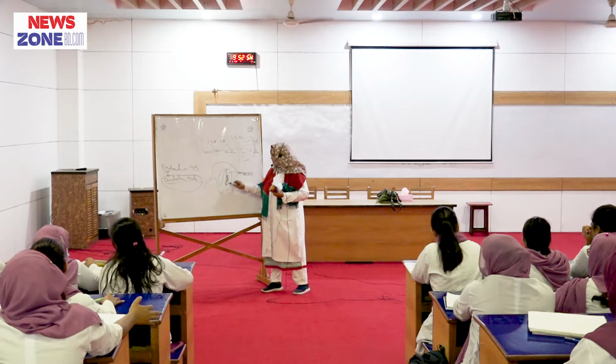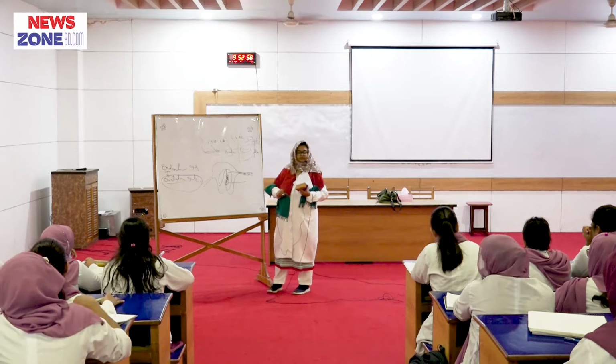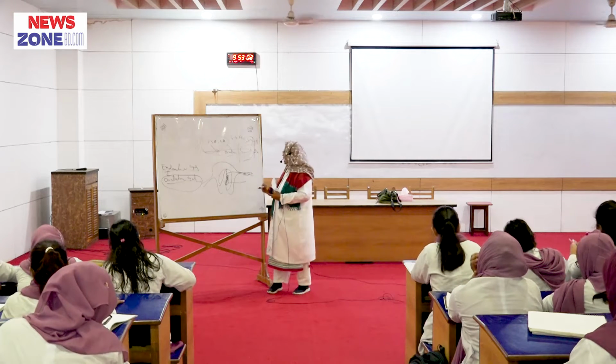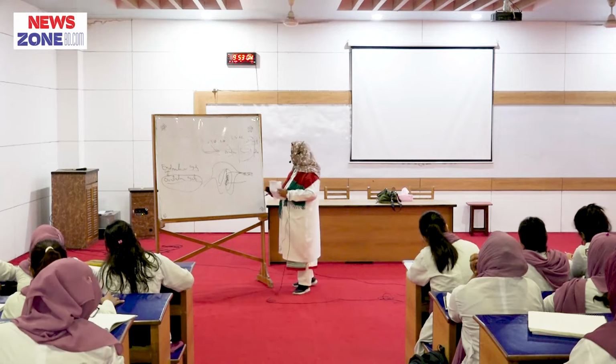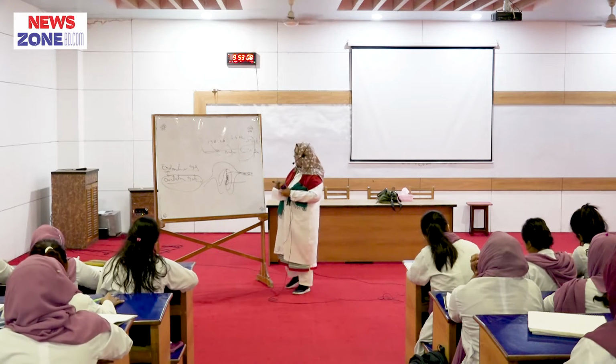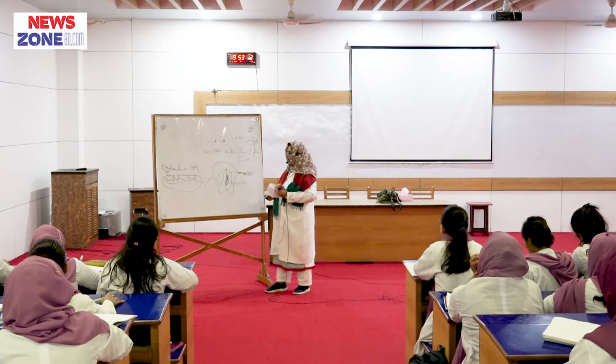Now I will discuss the formation of the decidua. That is important for you. It is a written question: formation of the decidua. You already know the endometrium in the secretory phase. What are the changes in the endometrium?